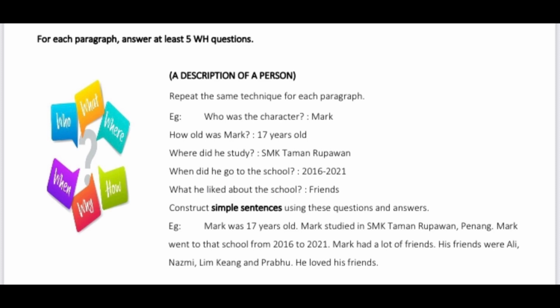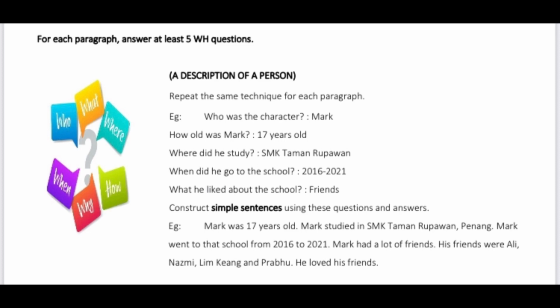Let's look at this example. To describe a person, you can ask yourself these questions. Who was the character? Mark. How old was Mark? 17 years old. Where did he study? SMK Taman Rupawan. When did he go to school? 2016 to 2021. What did he like about the school?